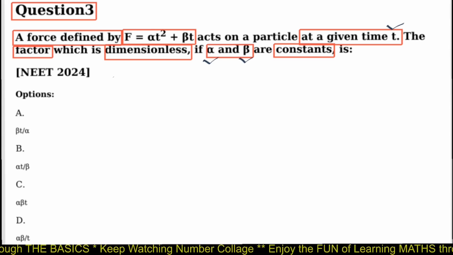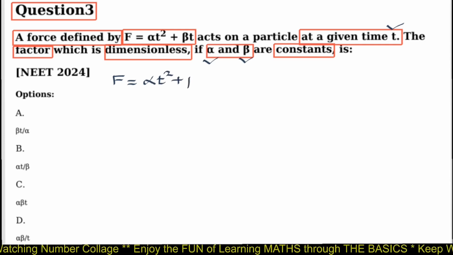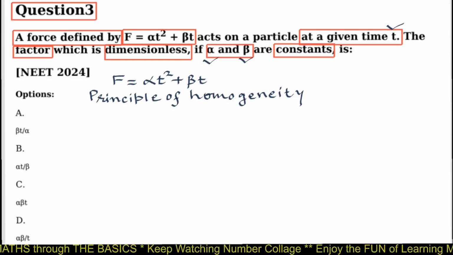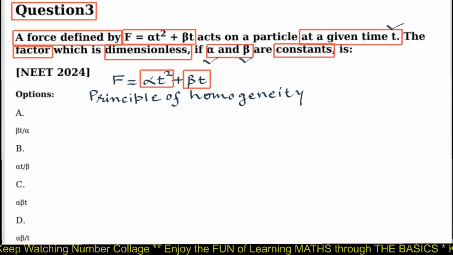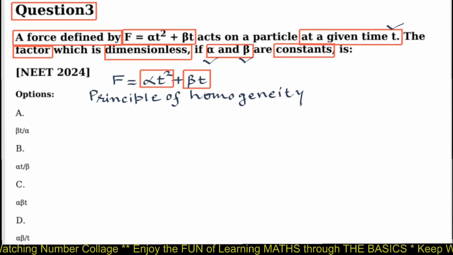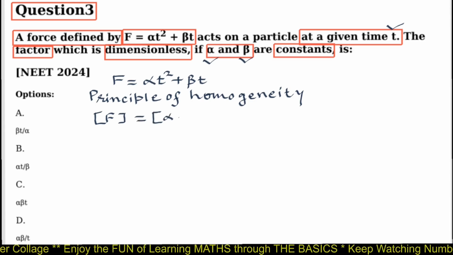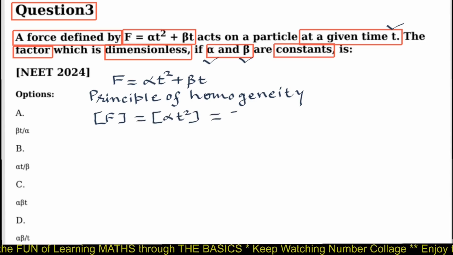Here force is sum of two quantities alpha t square and beta t. So by the principle of homogeneity, dimensions of alpha t square and beta t will each have same dimensions as that of force. Dimension of F equals dimension of alpha t square equals dimension of beta t.